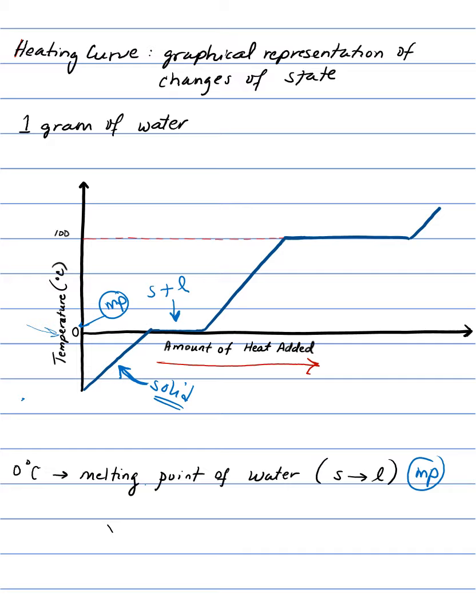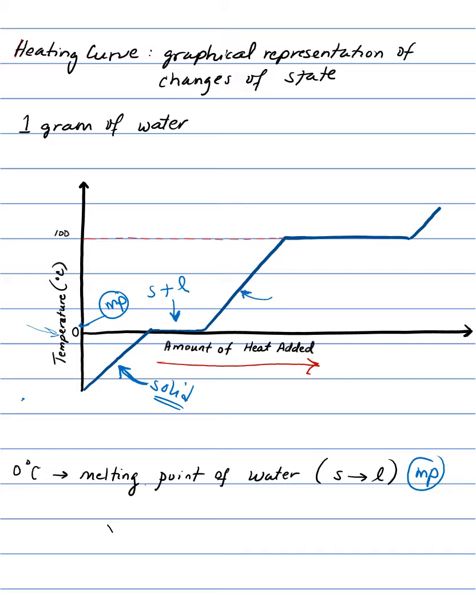Now what's happening is that your 1 gram of water, it's absorbing heat, right? So it starts melting. So it will become a liquid when everything that you have as a solid is actually melted. So not until everything is melted, you don't see the line increasing again.